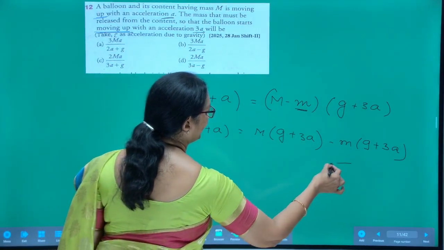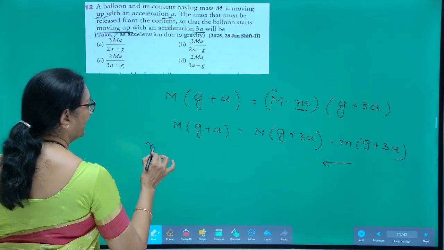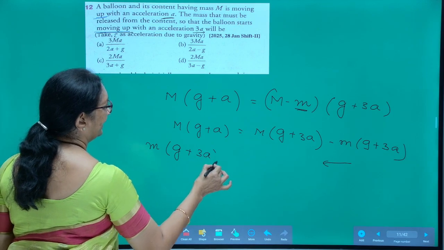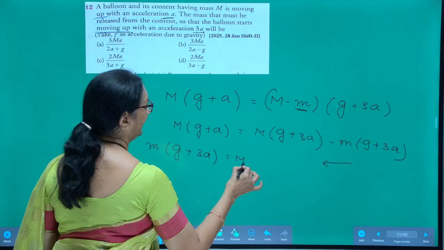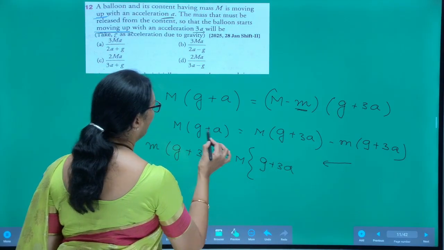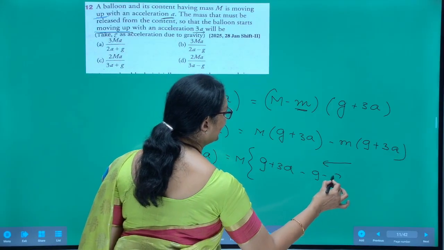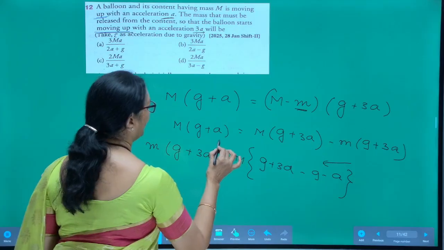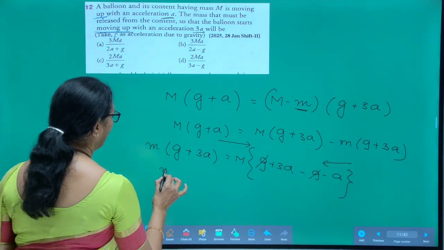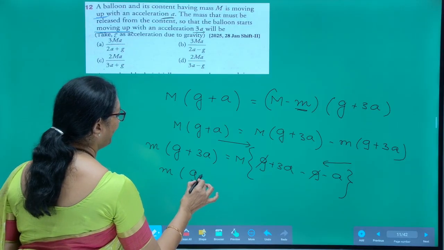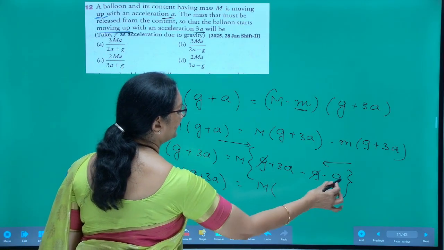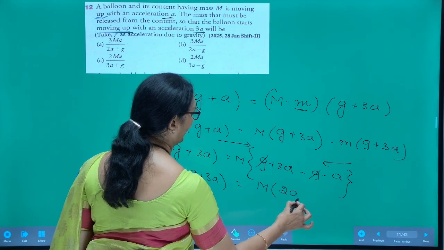Now, let us take this to this side. Δm(g + 3a) is equal to m(g + 3a) − m(g + a). We are bringing this to the other side. g and g get cancelled. Δm(g + 3a) is equal to m(3a − a), that is 2a.